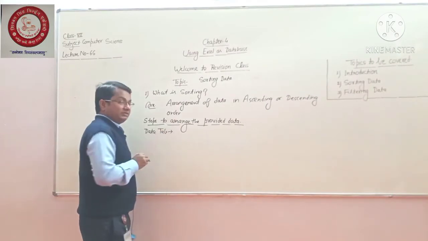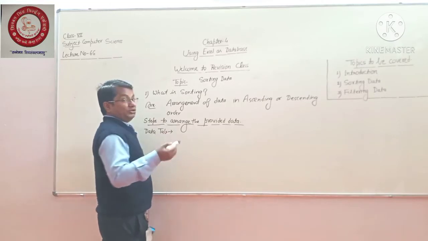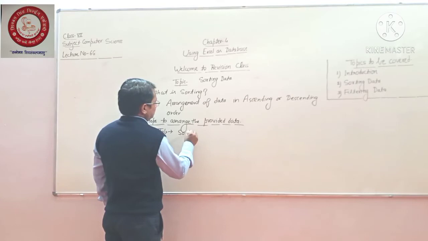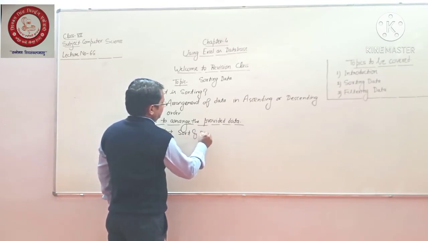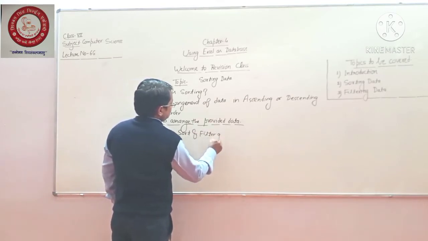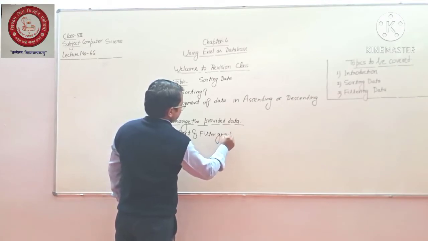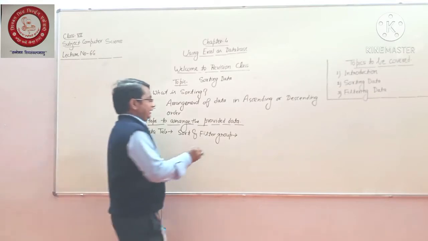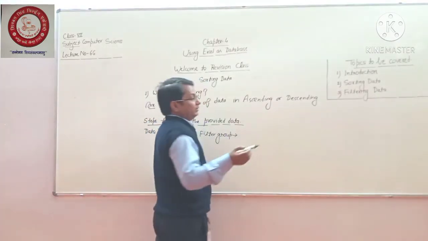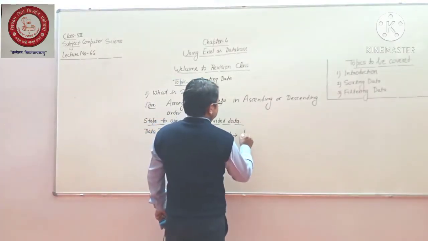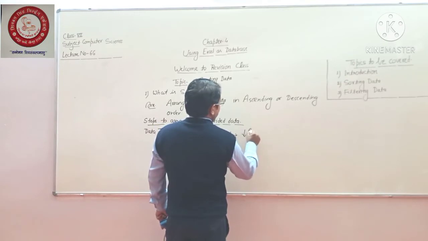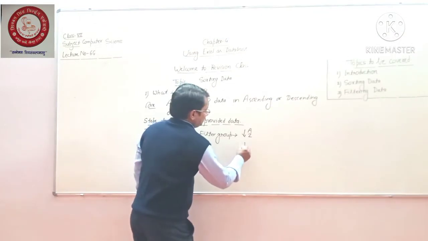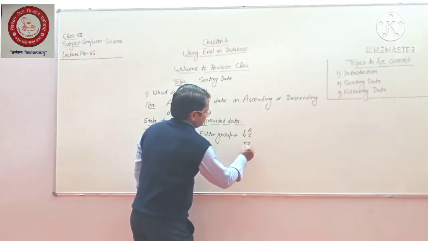Once you go to the Data tab, there is one group, the Sort and Filter group, and immediately you will see two buttons. One button looks like this, and one more button looks like this.